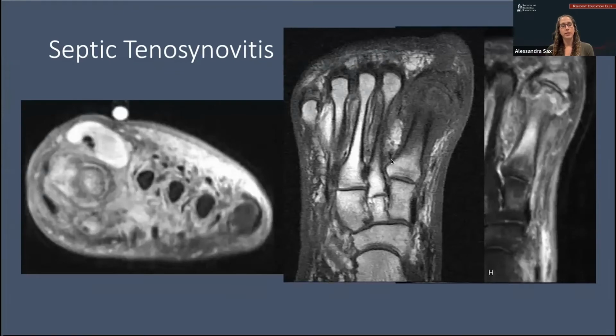And this is a similar case to what we had seen in the finger. Marked distension of the extensor hallucis, also with this joint effusion, which is actually eroding into the metatarsal head here. So another case of septic arthritis, septic tenosynovitis, and osteomyelitis.